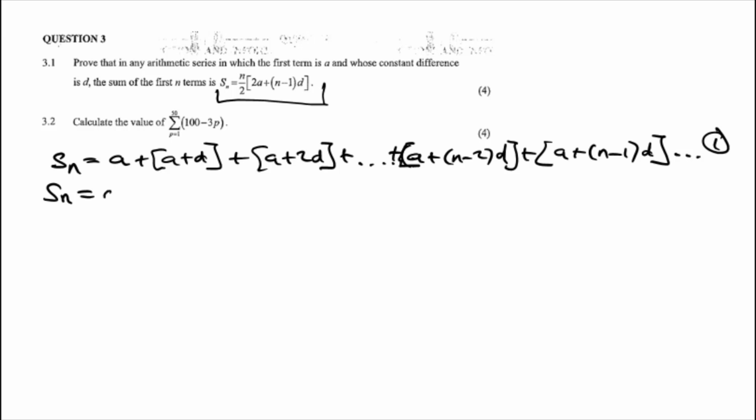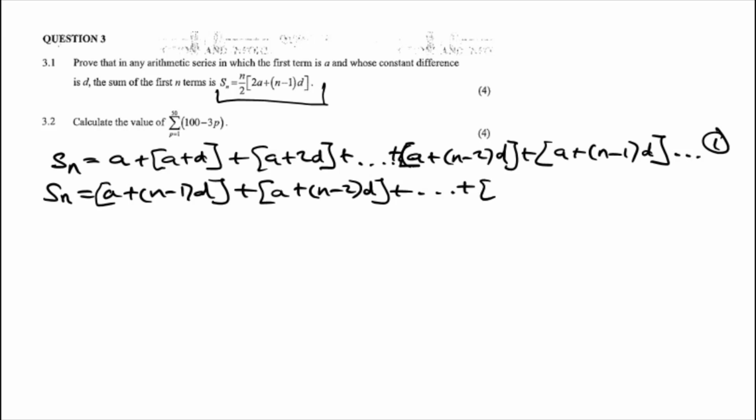So this would be a plus (n minus 1)d, plus a plus (n minus 2)d, and we continue to a plus 2d, plus a plus d, plus a.